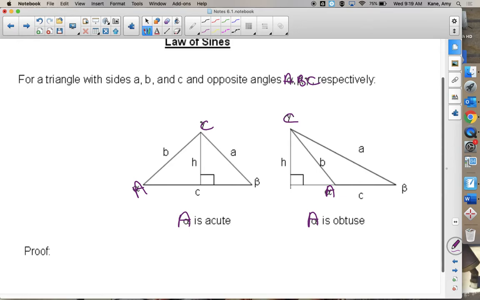So you have two diagrams drawn. But notice in those two diagrams, does anybody remember what that line is called that you drop down, when you drop a perpendicular line down in a triangle? It is the height. It begins with an A.